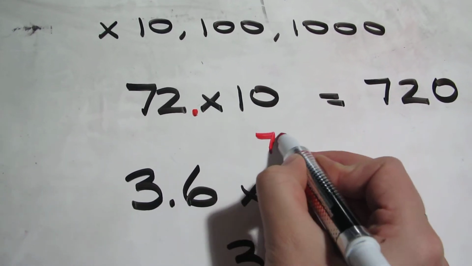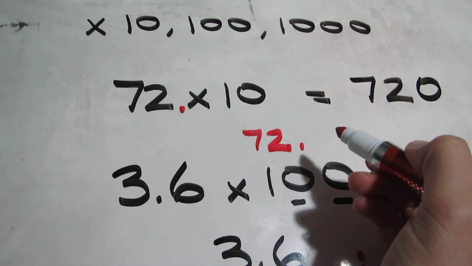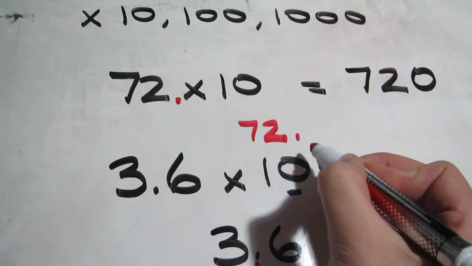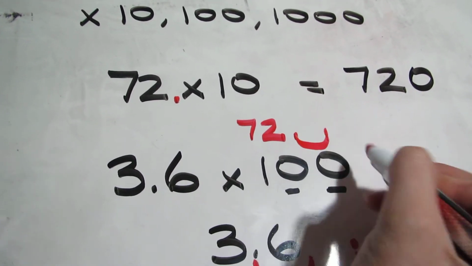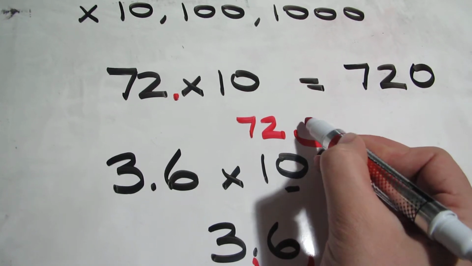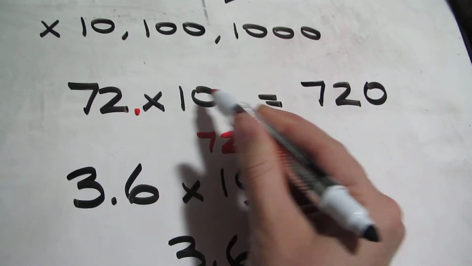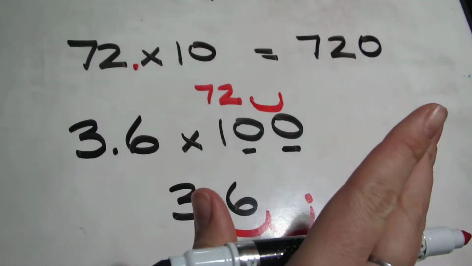So I had 72 with the decimal there, but remember we don't have to show it if it's a whole number. And we're multiplying by 10, so technically the decimal is moving 1 place. Now it's here. And then we're adding the 0, and there it was. So this way we could do it fast, but the same way with the decimal, it's just working in the same way.